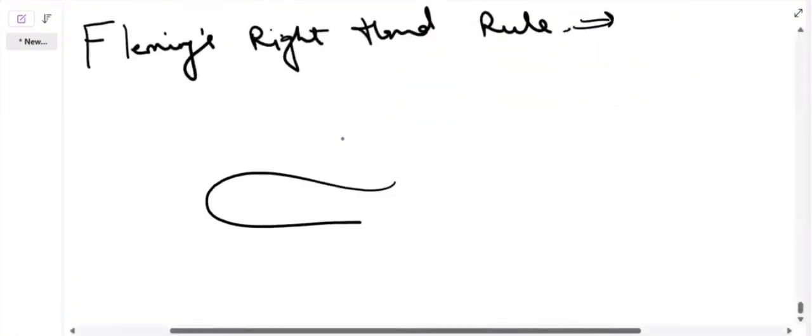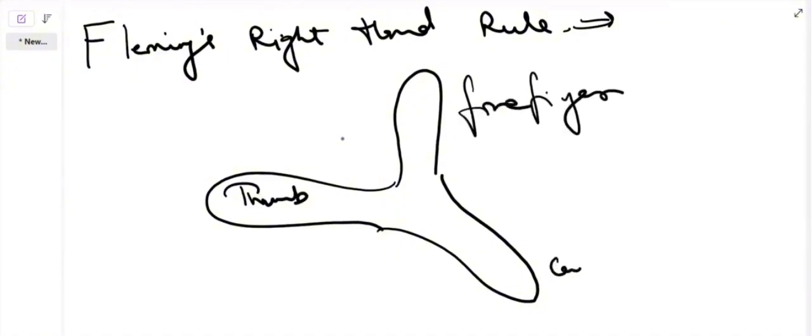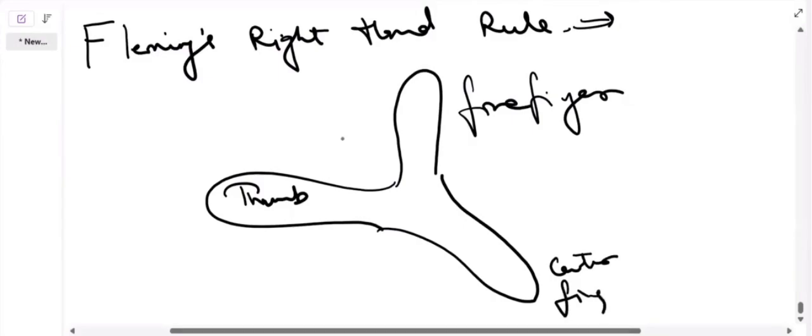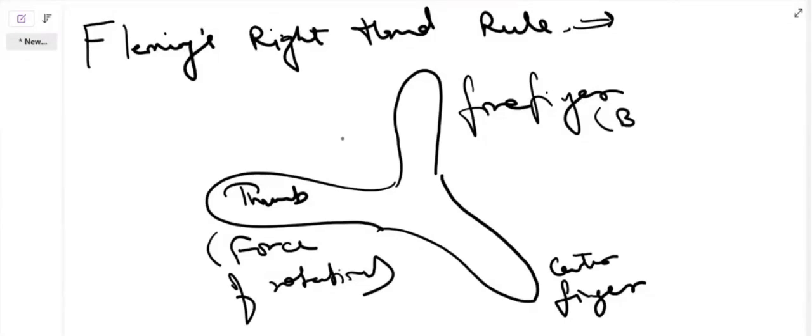suppose this is my thumb, this is one finger, and this is the third finger. So if this is your thumb, this is your forefinger, and this is your center finger. The thumb gives the direction of the force of rotation. The forefinger gives the direction of the magnetic field.